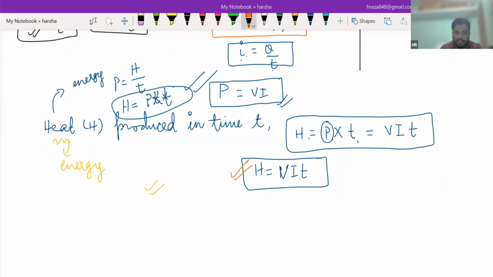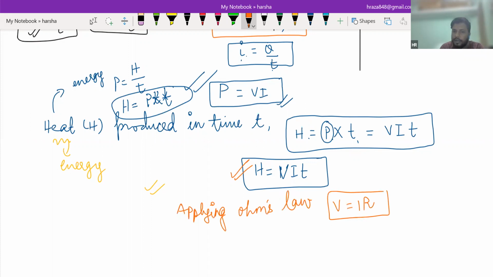Another formula for this, applying Ohm's law, you know that V is equal to IR. So I'm going to put the value of V here.